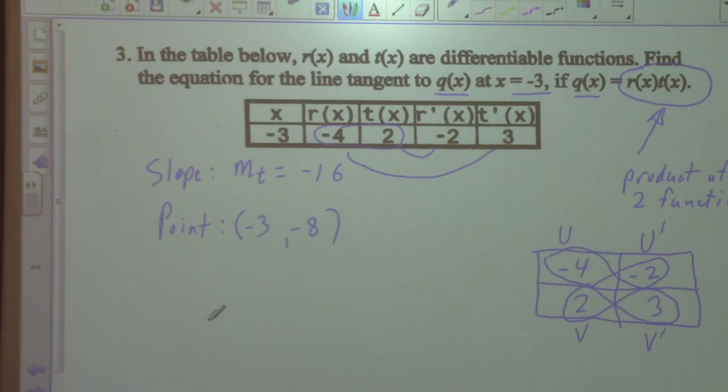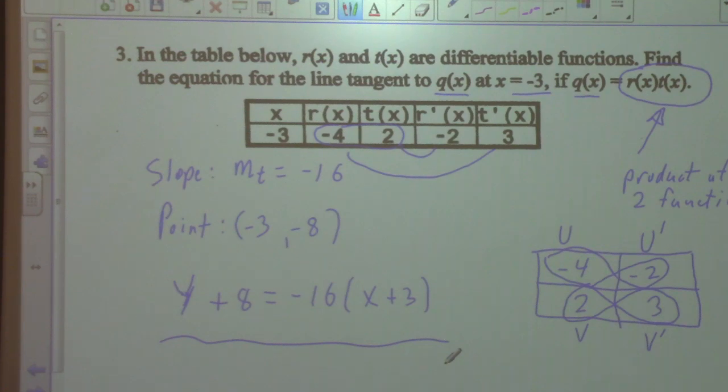And so what is the equation of the tangent line? Y plus 8. You wrote Y yourself. Y plus 3. So this will be our equation of our tangent line.